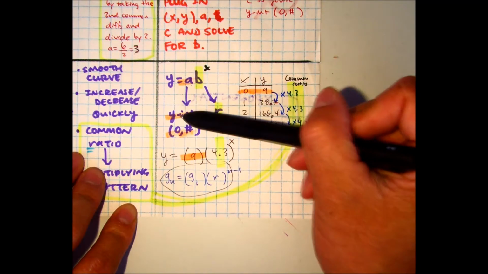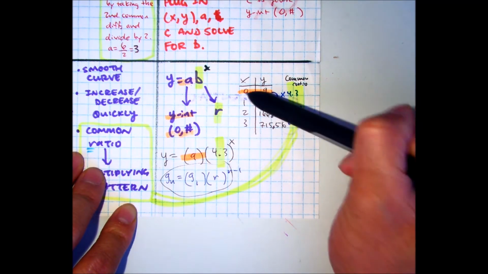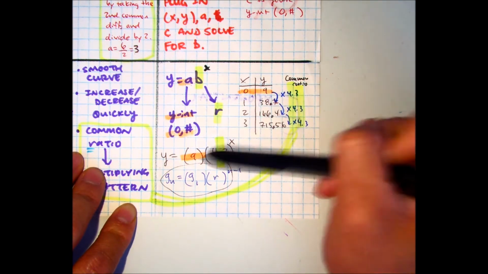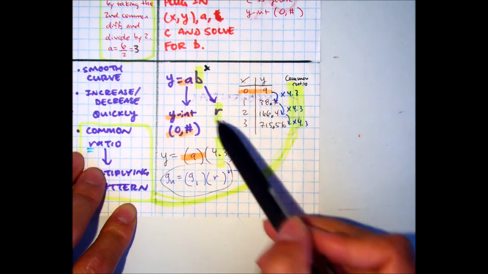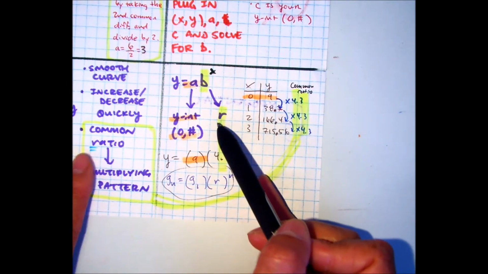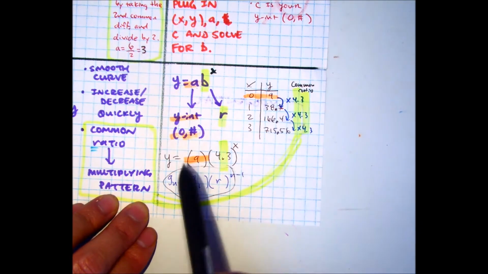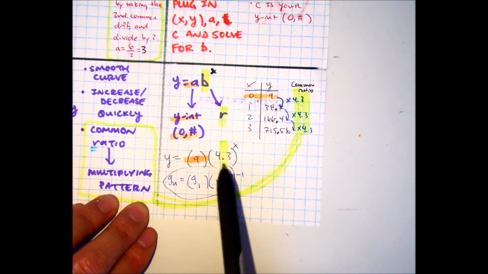Your a value is your y-intercept, which is a 0 and a number. So my a value in this problem would be 9. My b value represents the r. Class, what does r represent? The common ratio. So our common ratio is 4.3. So my equation in ABX form is y equals 9 times 4.3 to the x power.